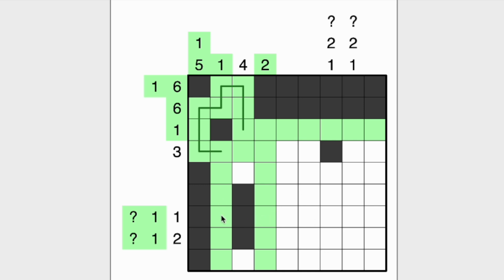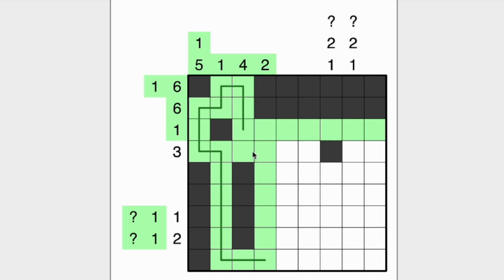And we can draw the loop going through this tunnel right through here, and it's got to go somewhere, so it's going to go east. And that means that this is not shaded, which in turn means we know where the 4th cell of this 4 goes. And that the line continues up here.